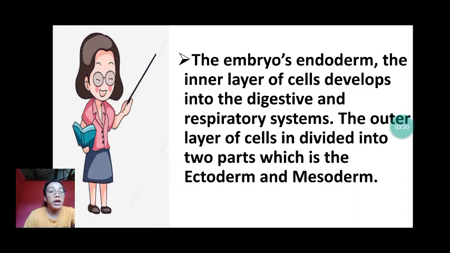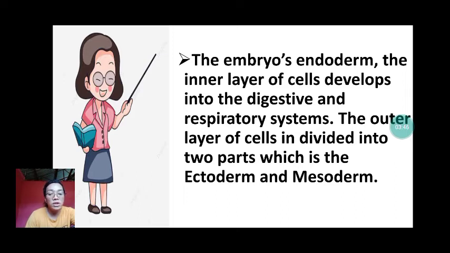The outer layer of cells is divided into two parts, which are the ectoderm and mesoderm. So, mao ni siya ang duha ka layer, which are the ectoderm and the mesoderm.